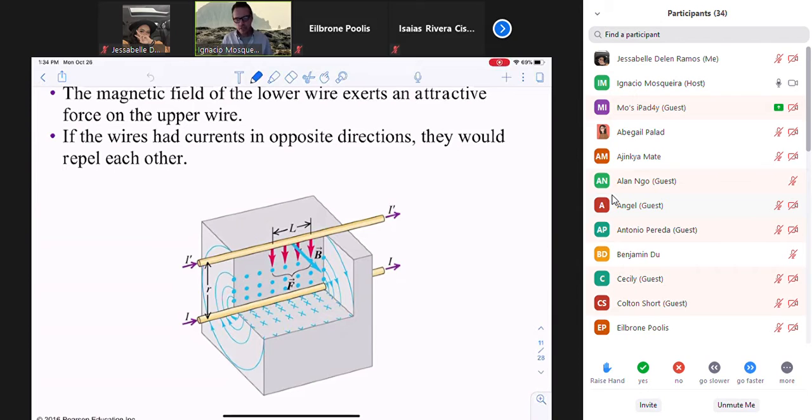We didn't really go into what the magnetic field inside a solenoid should be. The only thing I said is that a solenoid is just a wire wrapped around a cylinder, and we're going to encounter it in a second.